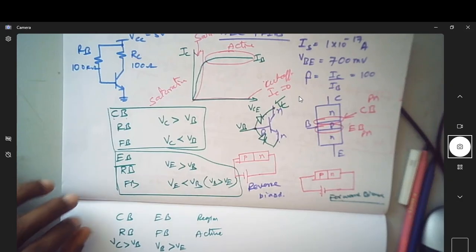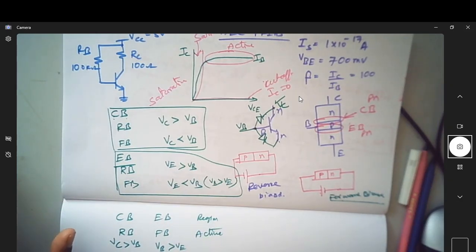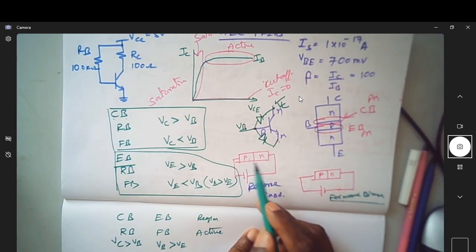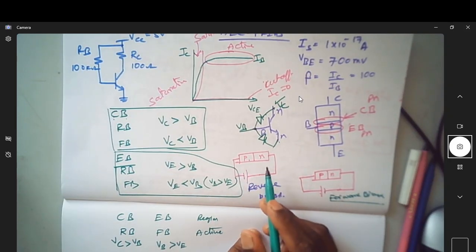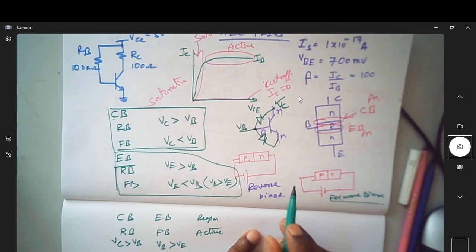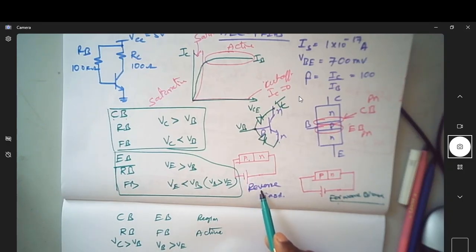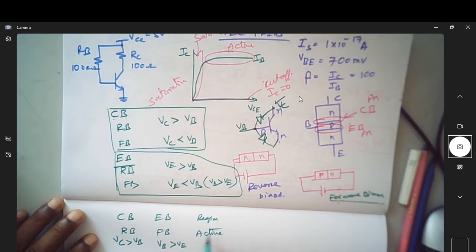So make sure you know when it is forward bias and when it is reverse bias. It is very simple. If the voltage at the P side of your material is greater than the N side, then it is forward bias. P greater than N, forward bias. If P is less than N in potential, then it is reverse bias. So this is the active region.